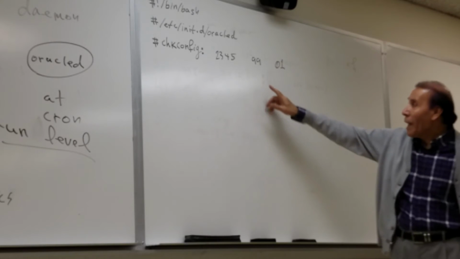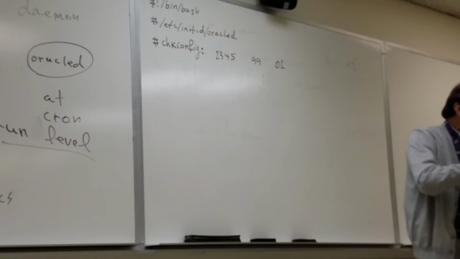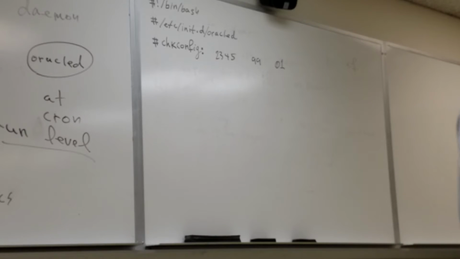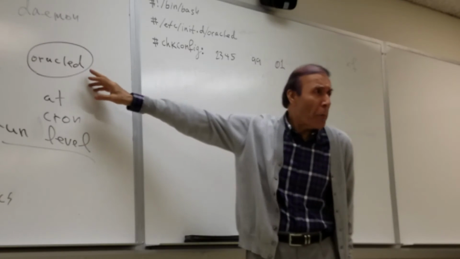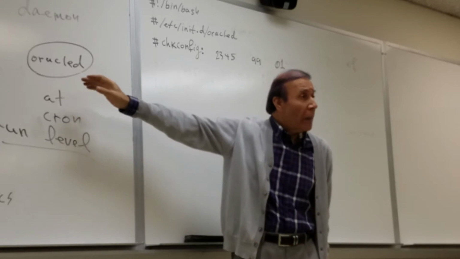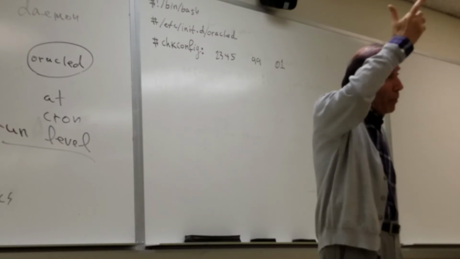So, if you have a daemon that should start immediately, as soon as you turn on the computer, put 01, 02, 03, 04, okay? So the smaller the number is, the higher priority it is, right? The Oracle daemon is not really high priority, okay? You could wait until the other daemons come up, and after this.